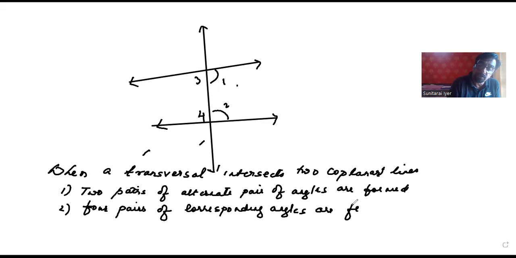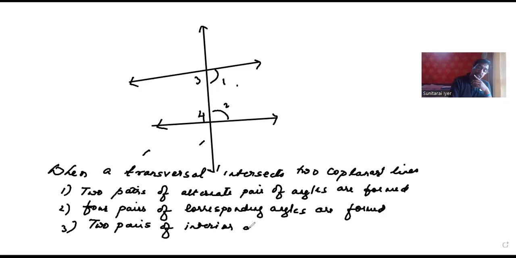And when a transversal intersects two coplanar lines, two pairs of interior angles are formed.